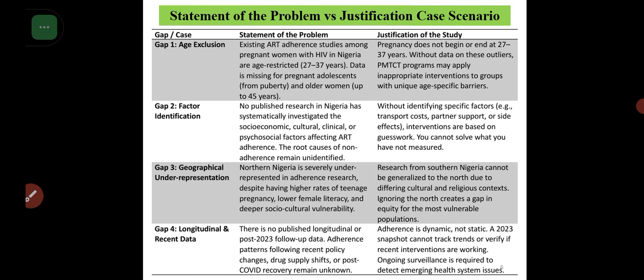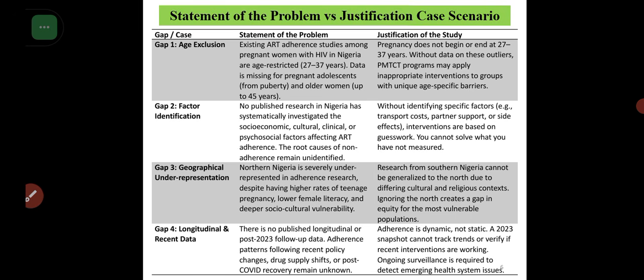It wasn't stated in the statement of the problem. It wasn't written down. So it does not show consistency. It does not show coherence in your writing flow. So it has to maintain coherence. If you have identified 4 problems, you must justify 4 problems.